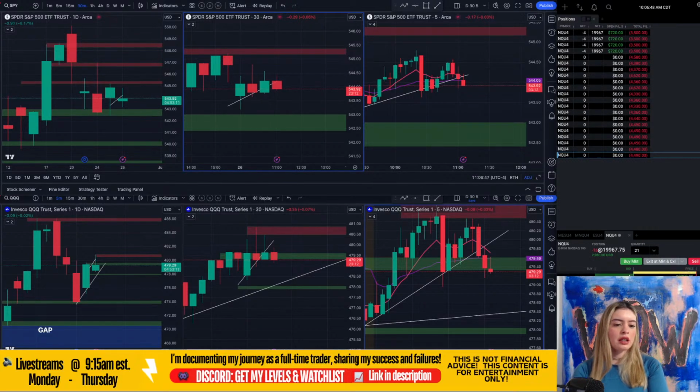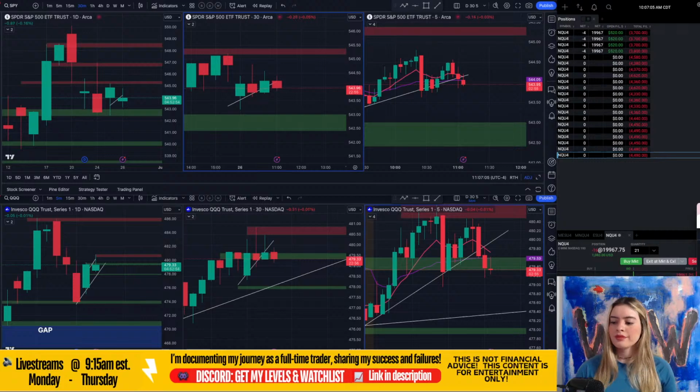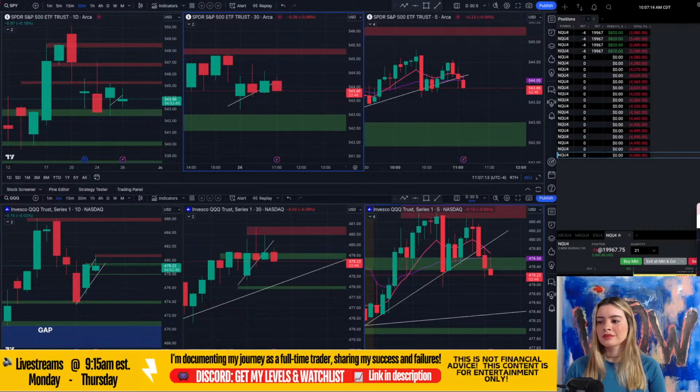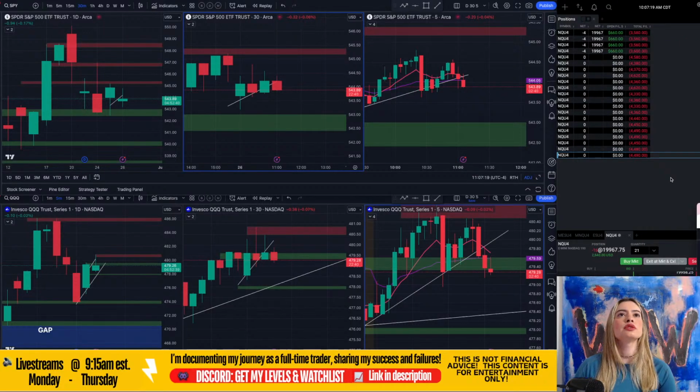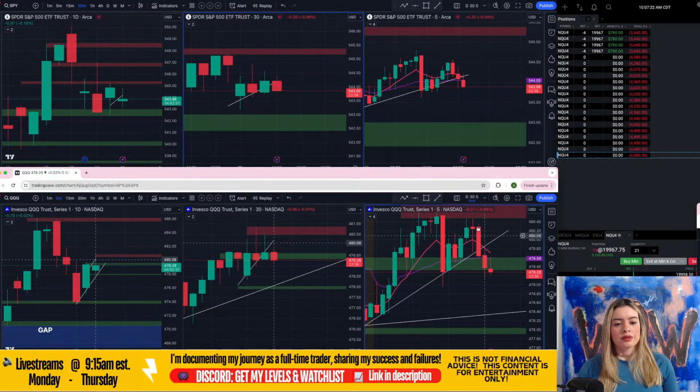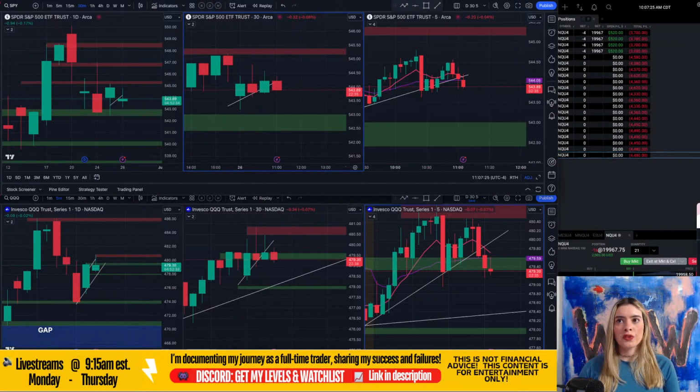Okay, let's see if it's finally going to work out. So far, the daily, 30-minute, and 5-minute are looking bearish. Of course, it's difficult to short. Like I said, it's hard to trade the downside on the market if you have 3 of the strongest stocks right now going higher.